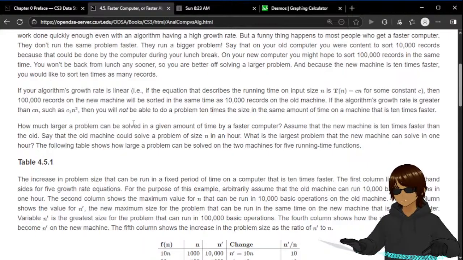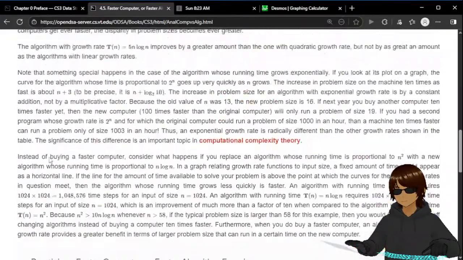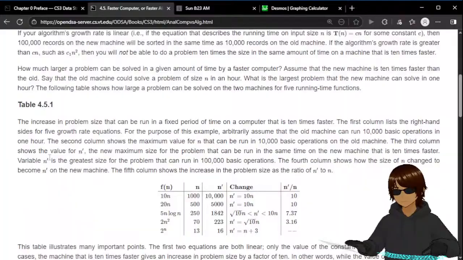How much larger a problem can be solved in a given amount of time by a faster computer? Assume that the new machine is 10 times faster than the old. Say that the old machine could solve a problem of size n in an hour. What is the largest problem that the new machine can solve in 1 hour? The increase in problem size that can be run in a fixed period of time on a computer that is 10 times faster.